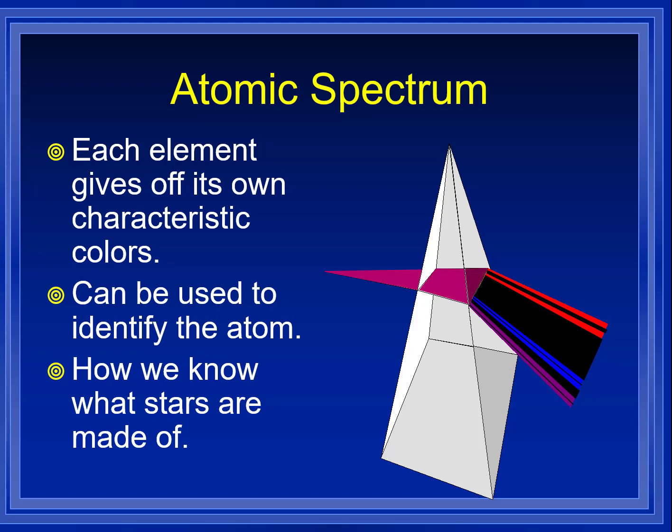So that told scientists there must be another element that we haven't found on Earth yet that's on the sun. And we will name that element after the sun. Since the Latin name for the sun is Helios, we'll call it helium. So helium was found on the sun before they ever found it on Earth.